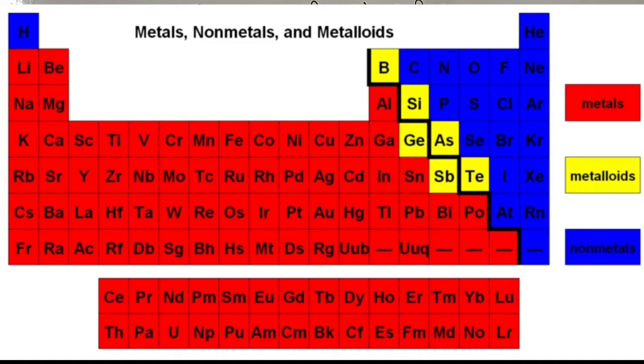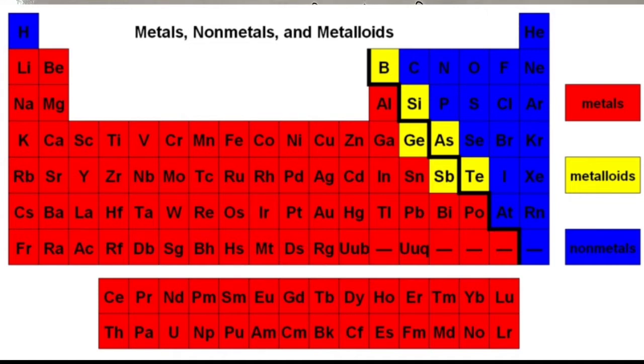The blue color, on the left side, is the non-metal area, and a few are in the yellow color, which are the metalloids. So you can see all the elements in the periodic table can be divided into three parts: metals, non-metals as well as metalloids.